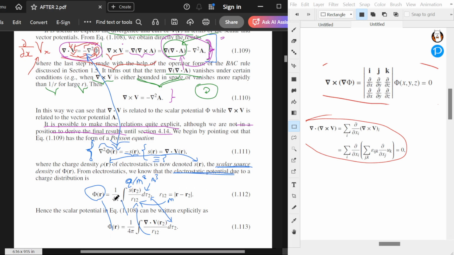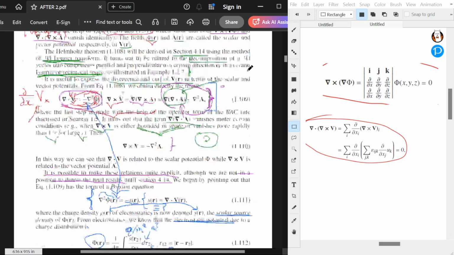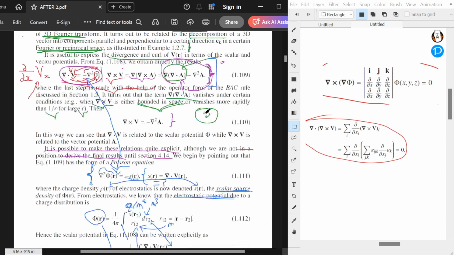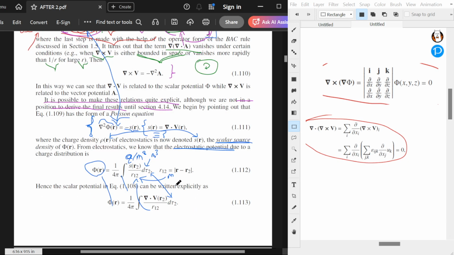Hence, the scalar potential up here can be written as this.